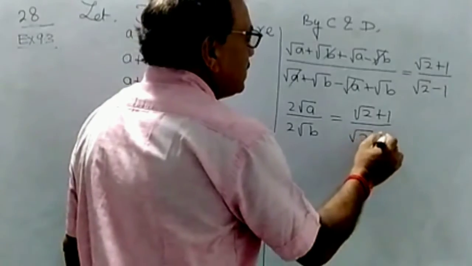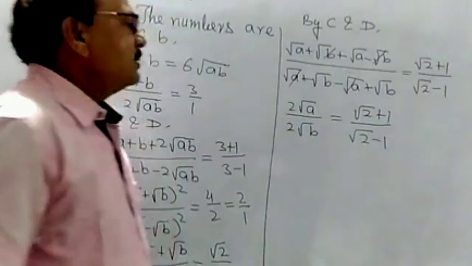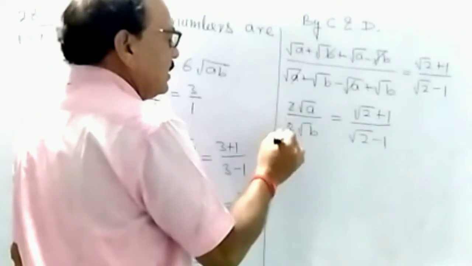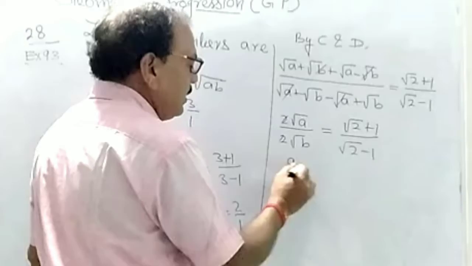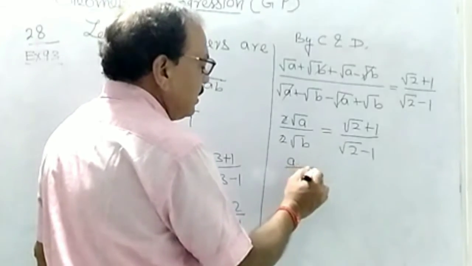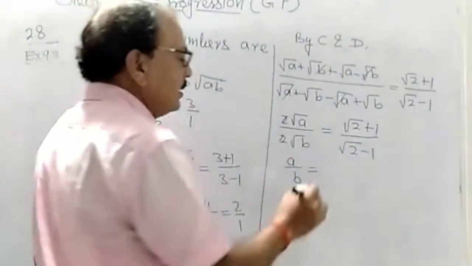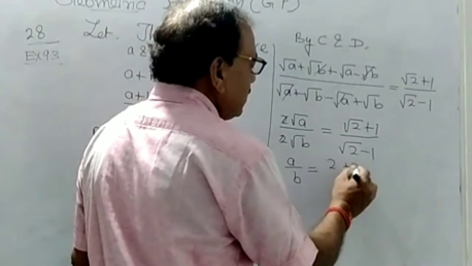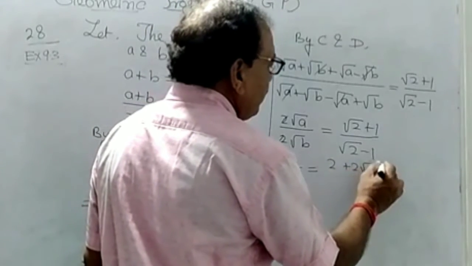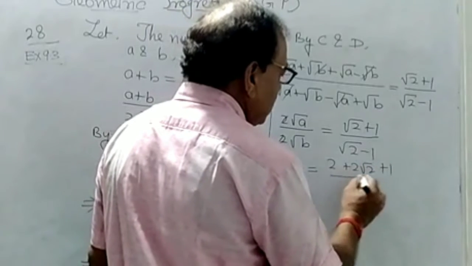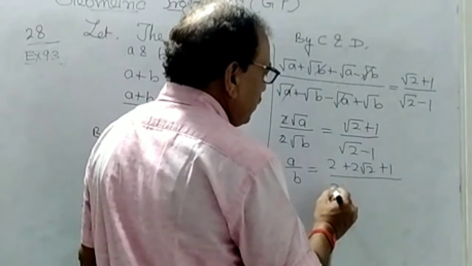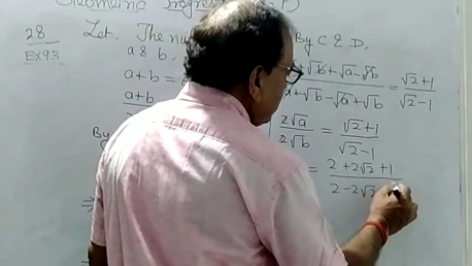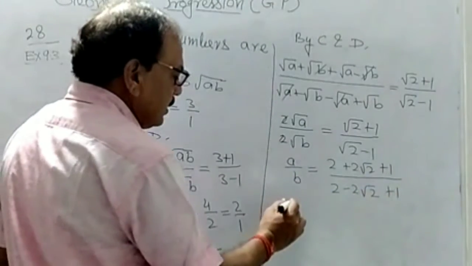The 2 cancels, and squaring this you get a by b. Squaring gives (2 plus 2 root 2 plus 1) upon (2 minus 2 root 2 plus 1).